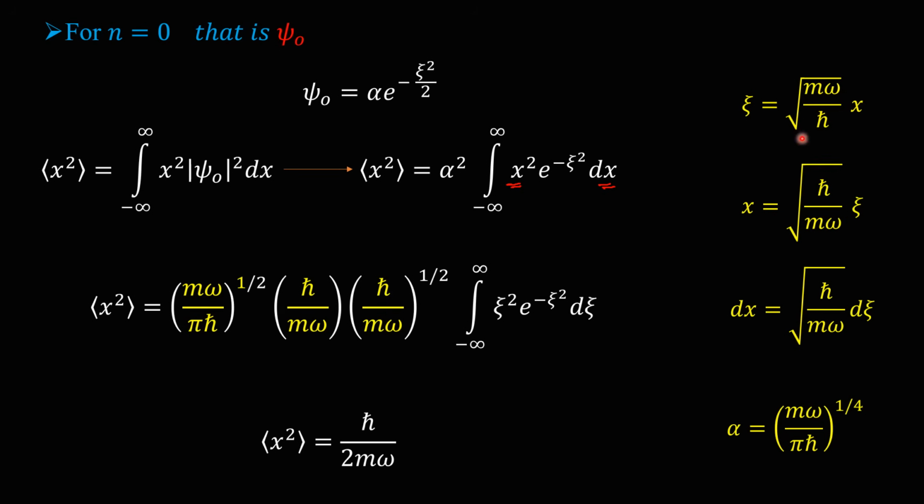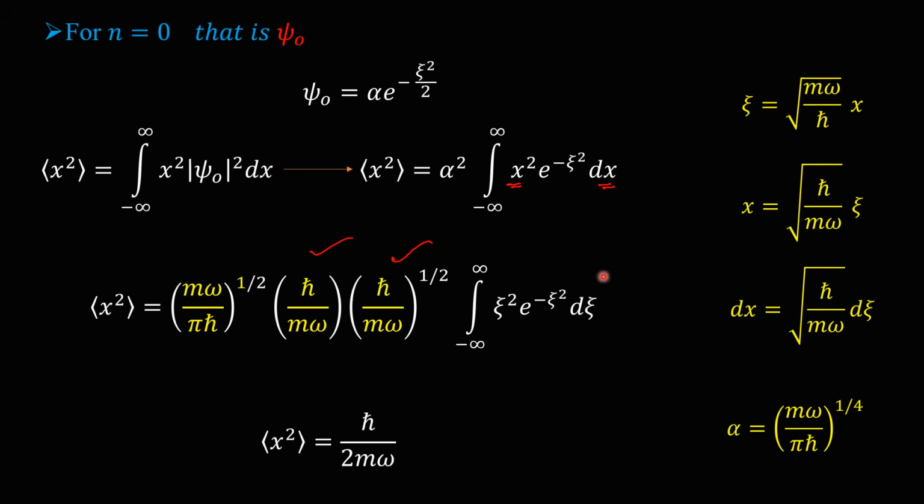Bringing this to the other side, x is the square root of h cross over m omega times z, and dx is the square root of h cross over m omega times dz. Now replace these here. Squaring x gives h cross over m omega times z squared, and I bring z squared inside the integral. Replacing dx by the square root of h cross over m omega dz, I take the constant, h cross over m omega to the power half, outside the integral.